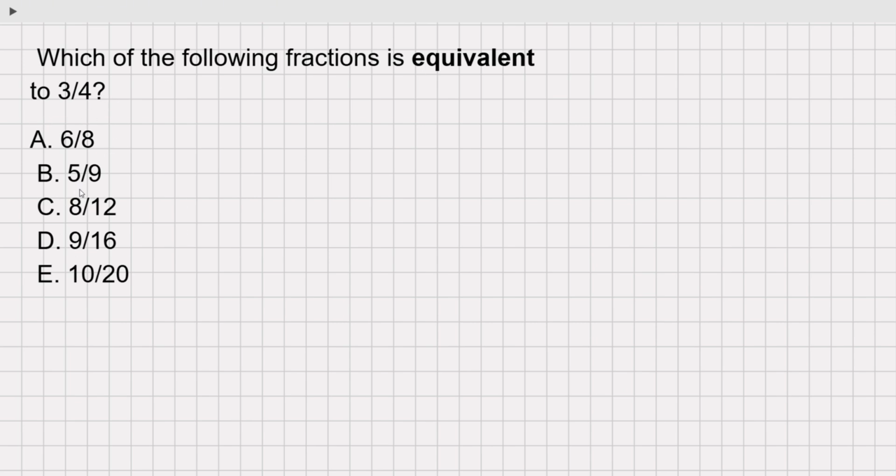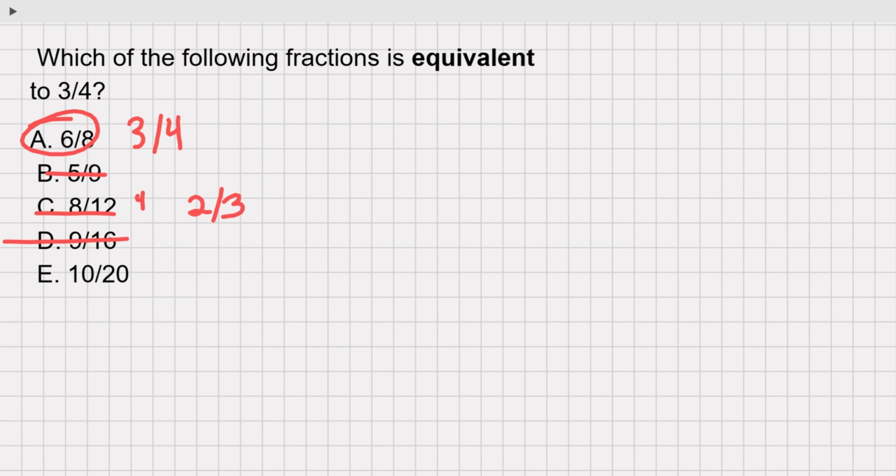Well, we can look at all these and simplify all of these fractions. We can take 6/8 and divide the numerator and the denominator by 2, and that'll give me 3/4. And we know that that is the answer. Now, if we look at the others, we can't simplify B at all. With C, we can divide both by 4 to give me 2/3, which is not equivalent to 3/4. 9 and 16 don't have a common multiple, or a greatest common multiple at all.